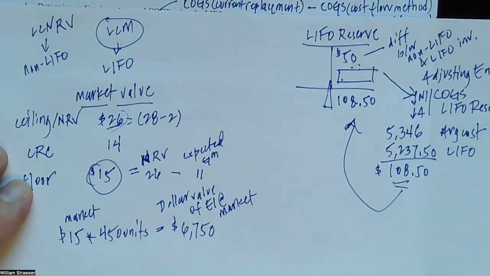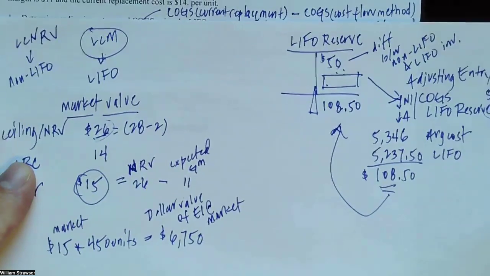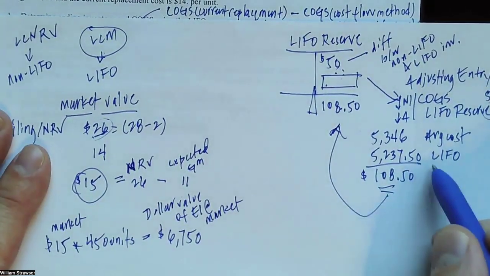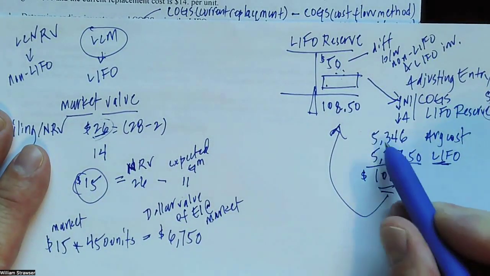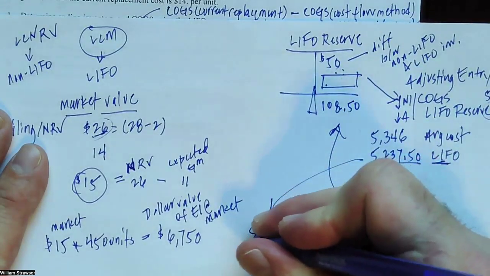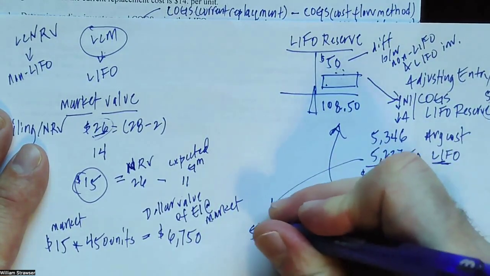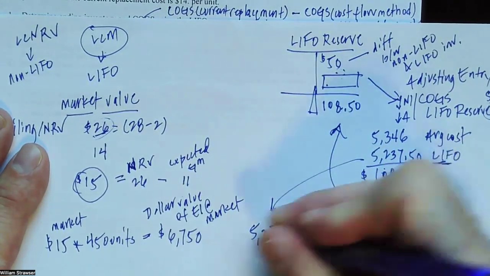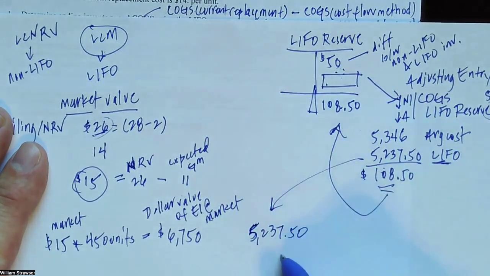What is the dollar value of my ending inventory under LIFO? Right? I pulled that to calculate what I needed for the LIFO reserve. So I can just pull it here. So this is my cost, right? The lower of cost or market. And this is what my inventory account is at now.